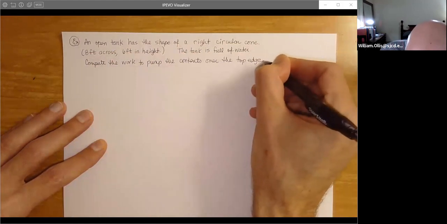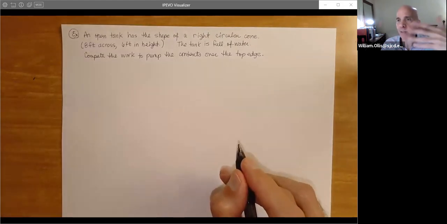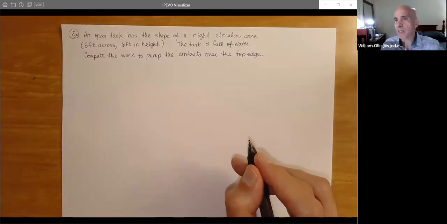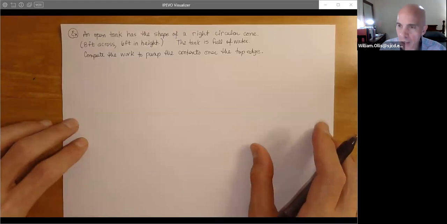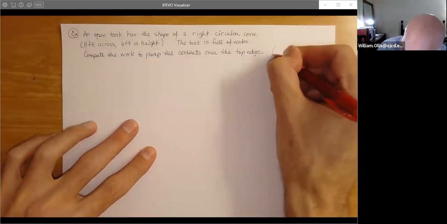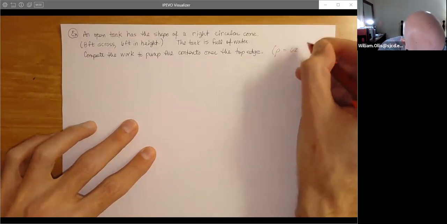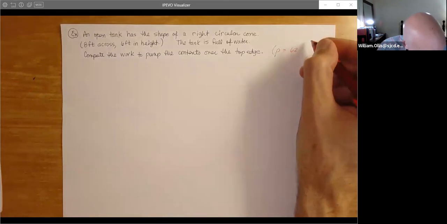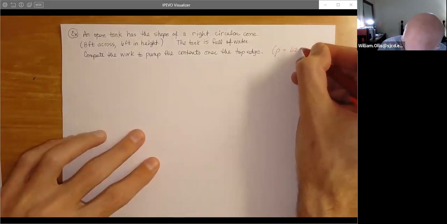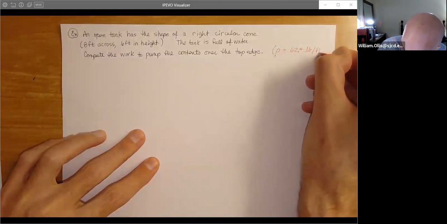Kind of like all the problems we've done. We just want to take the water to the top of the tank, and then that's where we need it. And so again, we remind ourselves for the British units, the weight density is 62.4 pounds per cubic foot.